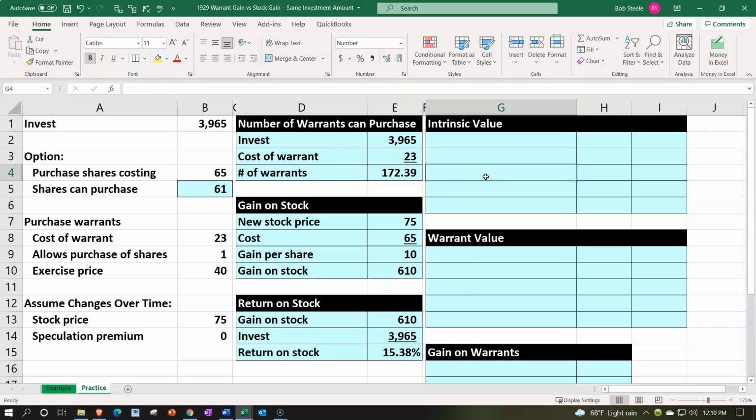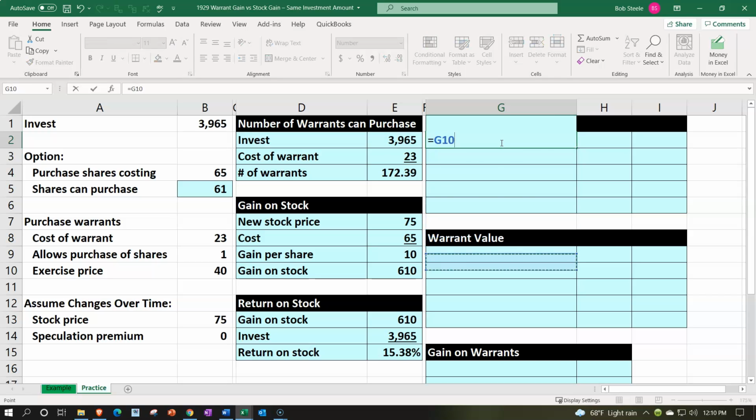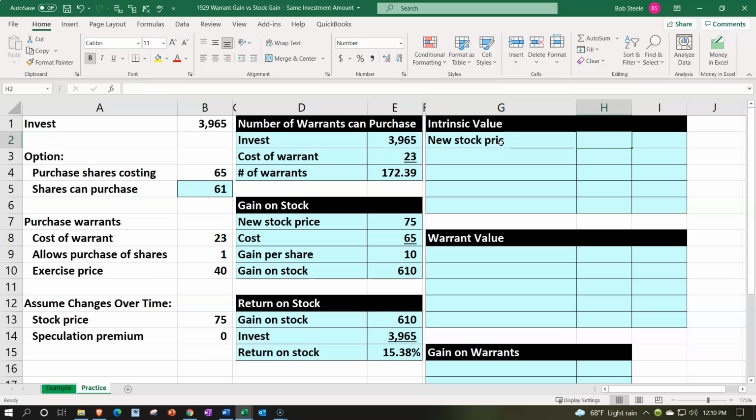Now, let's think about the intrinsic value of the warrants. On the warrants side of things, we're going to say that the new stock price at the end, when we're selling, is going to be the same calculation here, the 75, versus the exercise price.